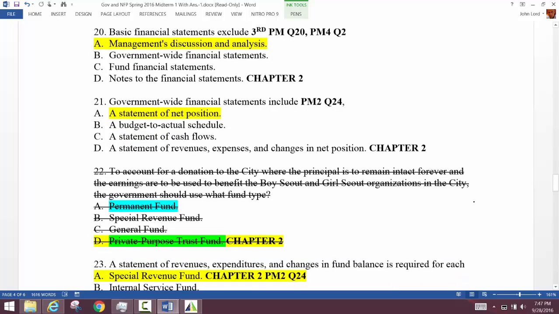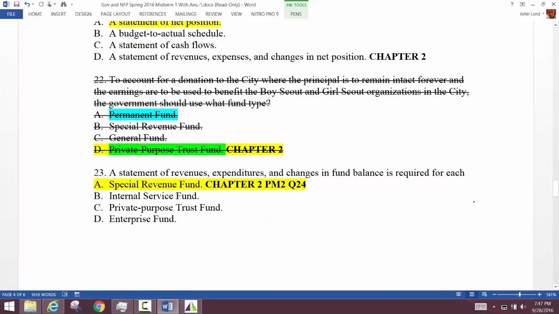Okay, good. I think I got rid of this question. To account for a donation to the city where the principal is to remain intact forever and the earnings are to be used to benefit the Boy Scouts and Girl Scouts organization, the government should use what type of fund? The answer is private purpose trust fund, and I struck that question out because we haven't really talked about the private purpose trust fund yet in terms of the nature of its activity.